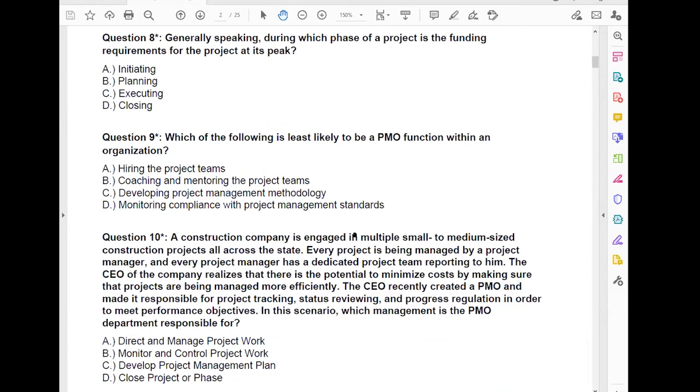So it means which is for these four choices, which is the busiest time? The busiest time in the project. Funding requirements. Busiest time means more expenses.